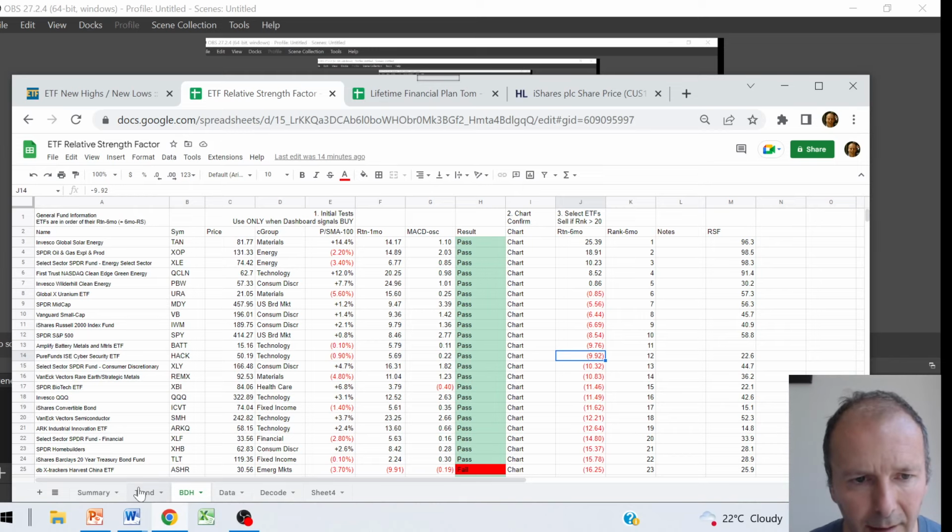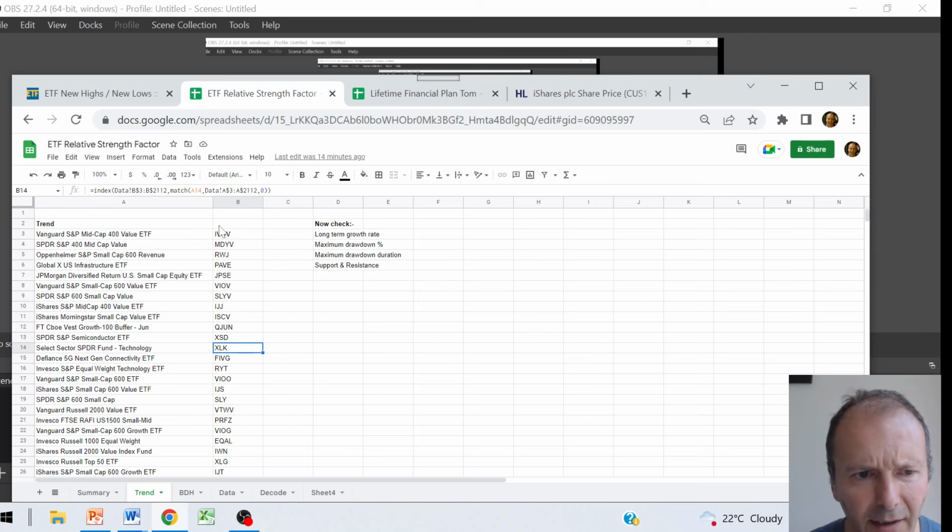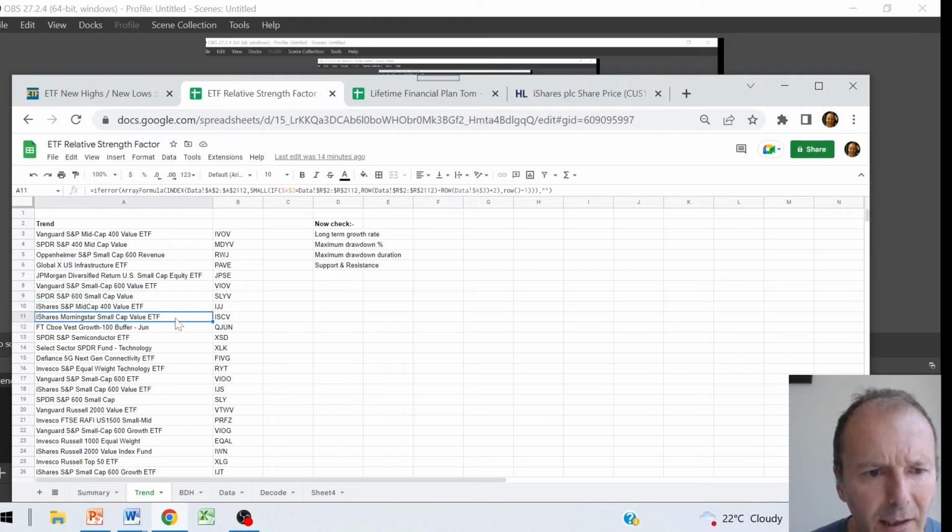And what I've done is I've created a list of ETFs that I think are trending, and these are ones that have consistent relative momentum growth over the last 4 weeks, and the relative momentum value is between 80 and 40, so it's not too overbought. And then what I can do is look down here and I see small cap value turns up a lot.